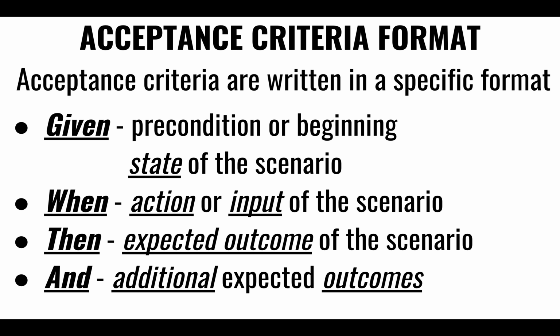So just to go and visit each one of these, the different parts of an acceptance criteria have a very specific format, and it uses these keywords, right, or these clauses, to capture certain aspects of the acceptance criteria. First, we have the given clause.